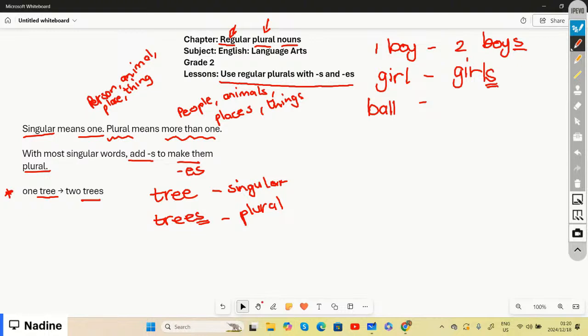And if we were to select the word that refers to more than one ball, then we can say it is balls. And balls is the plural form of ball. So we have one ball, that is singular, but more than one, which is plural, is balls.